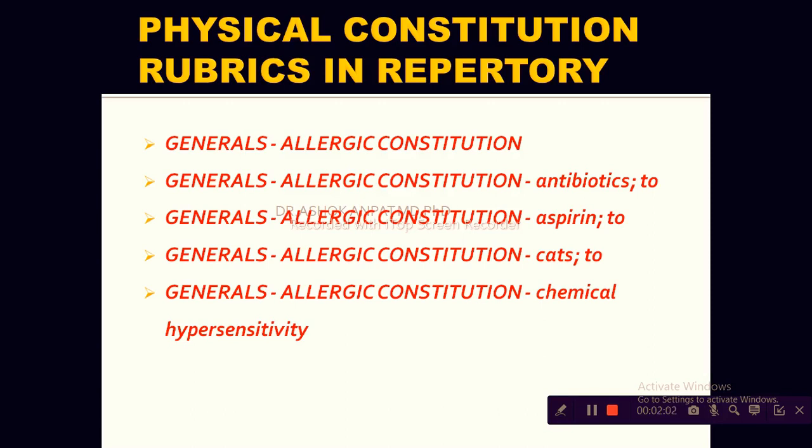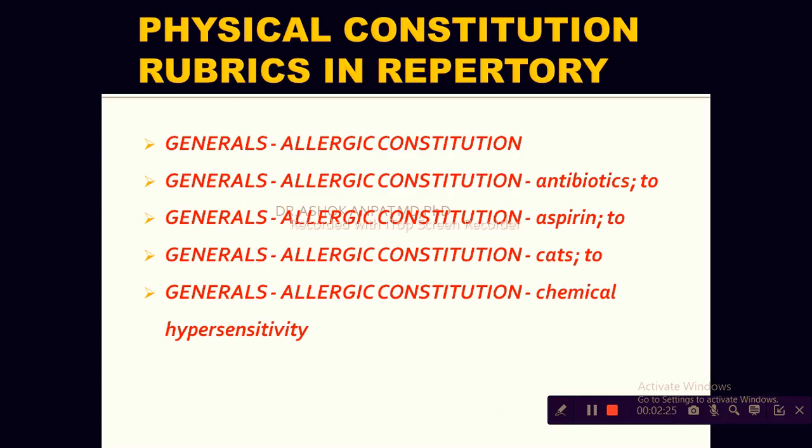you have to select only one rubric, that is general allergic constitution. Very important rubric, and in day-to-day practice I use this rubric many times. This rubric helps me to select the indicated remedy within the shortest period of time in clinical practice.